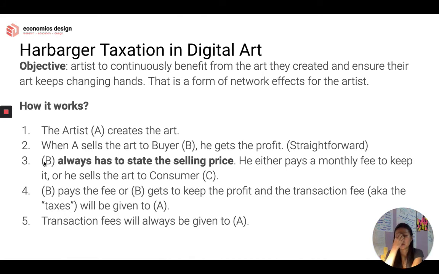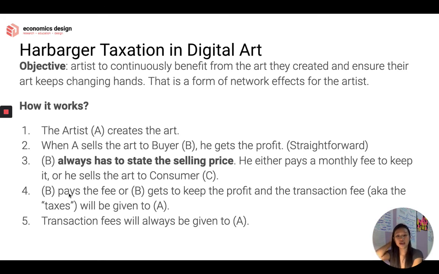Now, B will always have to state a selling price. So maybe at every period, maybe every 2 weeks, he has to state the price that he values the art for. And he pays a monthly fee to keep it, like a very small amount, like 2%, or he sells the art to a different consumer, because the consumer thinks that, oh, I value the art more and I would want to buy it from you. So he either pays a small fee or it's being sold to a consumer.